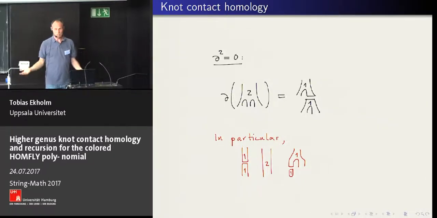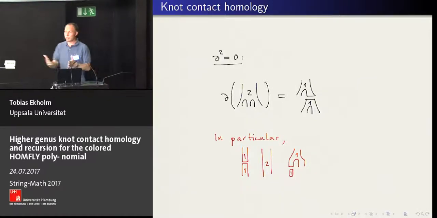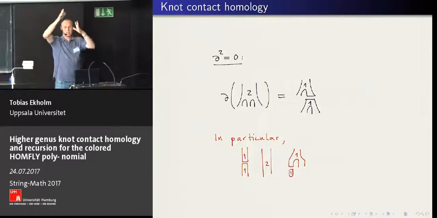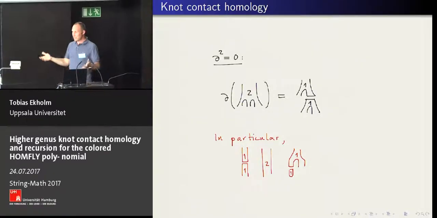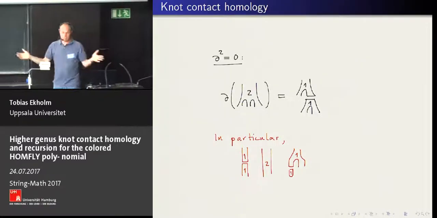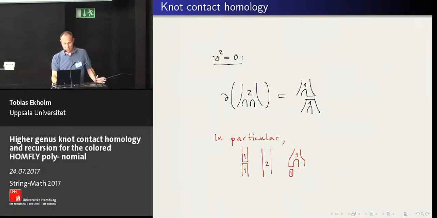So therefore d squared is not equal to 0. And this algebra, when we take one positive and several negative punctures, is the minimal resolution of this problem. That's the minimal thing we can do, and that's why we have to define an algebra.